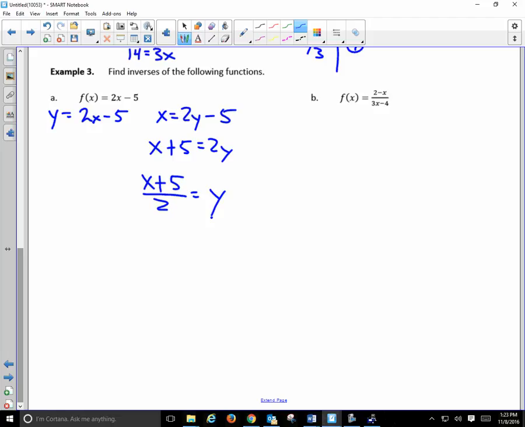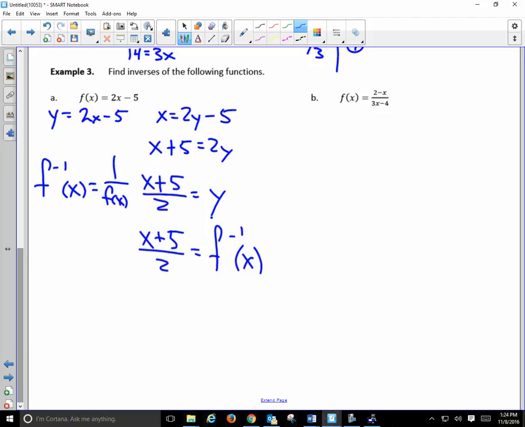If you'd like to write it as 1 half x plus 5 halves, that's fine. And if instead of writing y, you'd like to write x plus 5 over 2 is equal to f inverse of x, that's fine as well. Just please note that f inverse of x is not 1 over f of x. That is not the case. You're not taking it to a power. We use this -1 piece to indicate that we are, in fact, doing inverses.